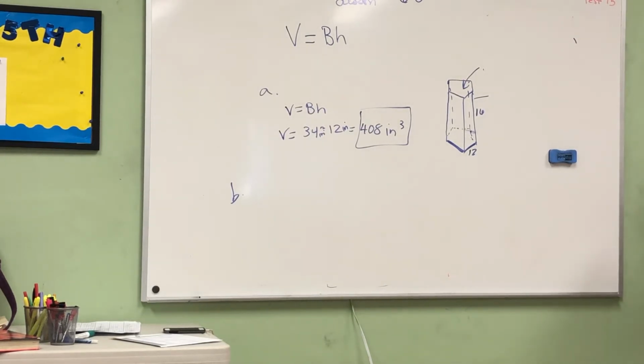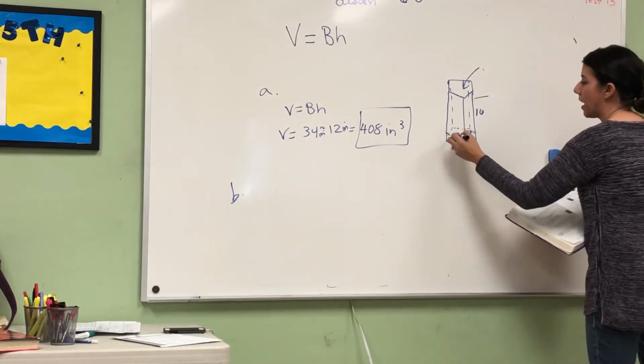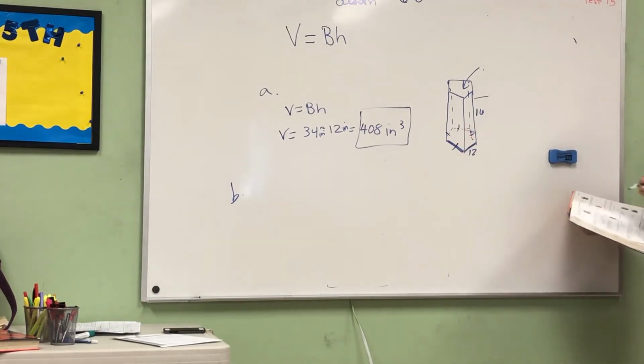A regular polygon. It's normal, but more mathematically specific here means all the sides are congruent. All the sides are the same.